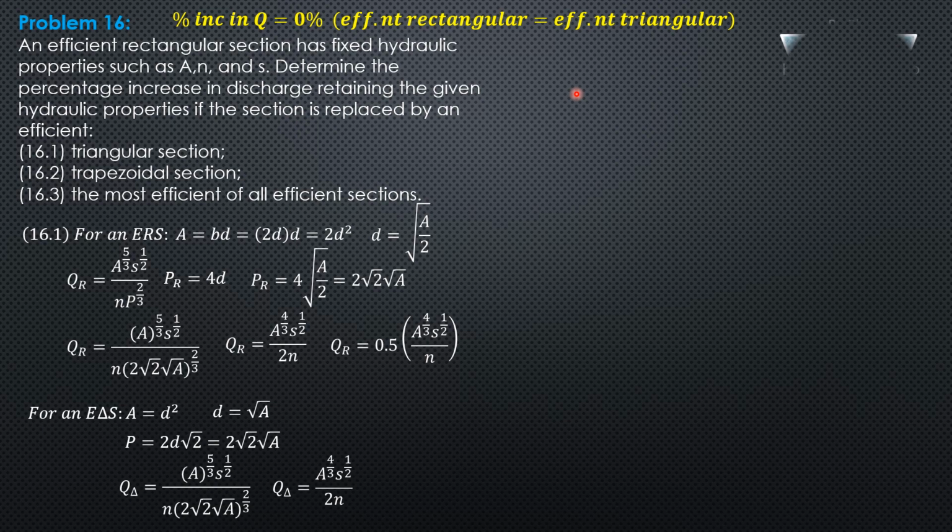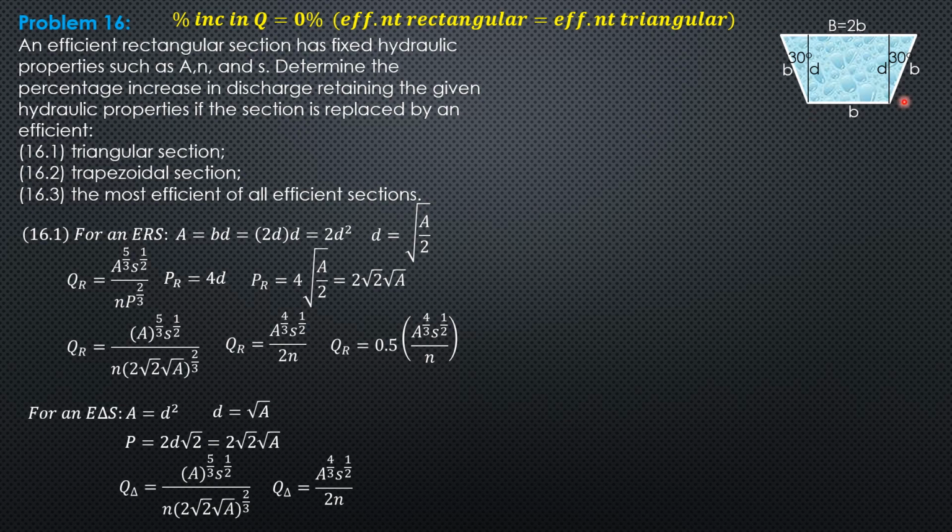For the trapezoidal section, this is a semi-regular hexagon. All sides are equal. The angle is 30 degrees. The top width is equal to the sum of the slanted sides, because this is B sine of 30, 0.5 of B, 0.5 of B, so 0.5 of B plus 0.5 of B plus B is 2B.